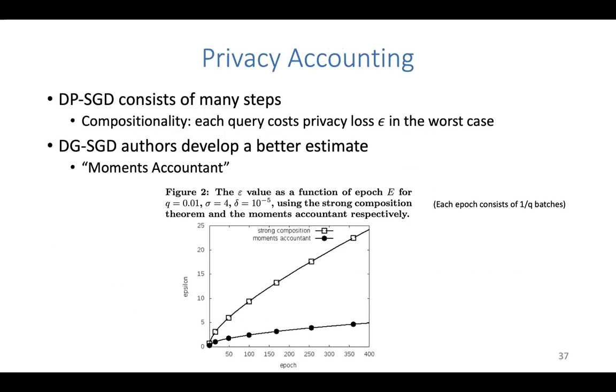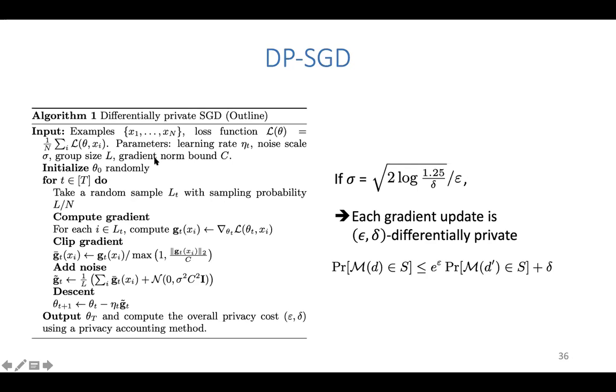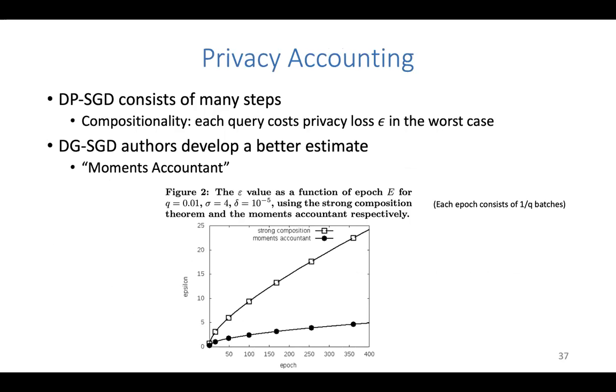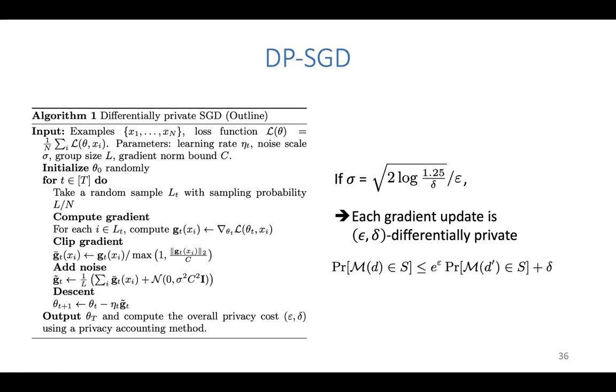Right. So that is the whole DP-SGD algorithm. As I said, DP-SGD guarantees epsilon-delta differential privacy for each gradient update, for each step T, but you still need to compute the entire privacy loss over the large capital T number of steps.